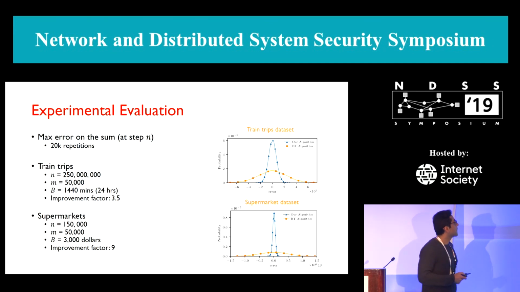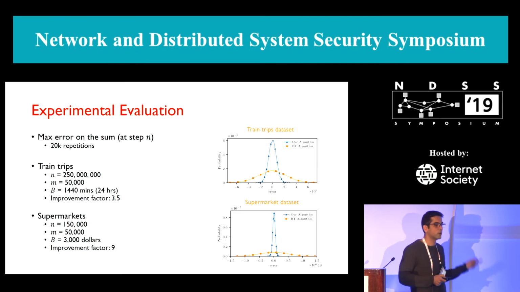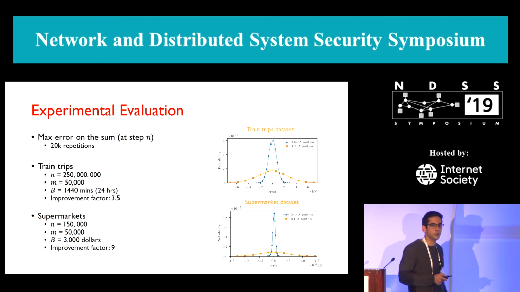Finally, we experimentally evaluated our method on the two datasets. For the train trips dataset, we achieved an improvement factor of 3.5, and for the supermarket dataset, we improved by a factor of 9 over the basic approach.